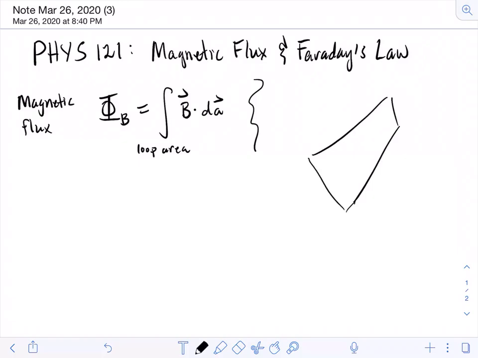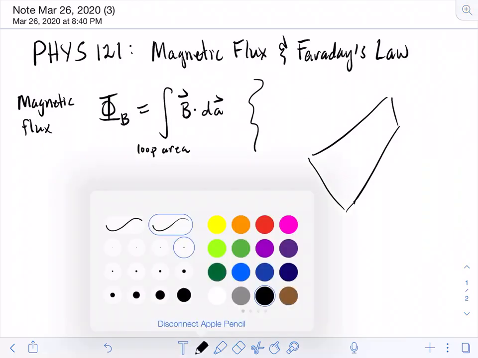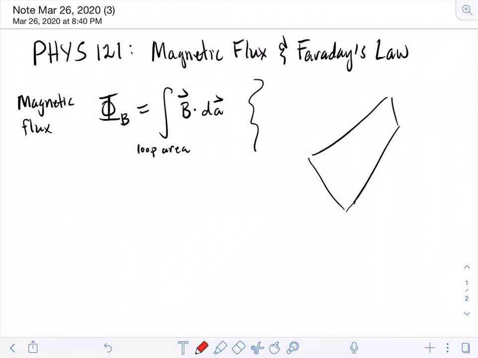It might be a loop of wire, perhaps, and there is some kind of magnetic field in the region of space surrounding this loop.